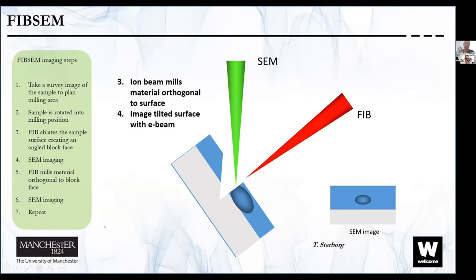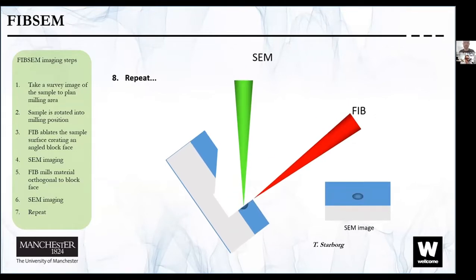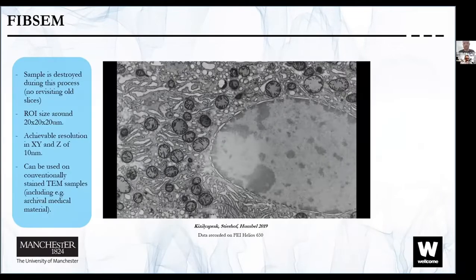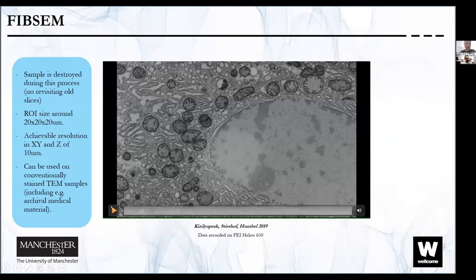And then you can image this block face with your SEM, mill, image, mill, image, mill, image, and what you're left with is a collection of 2D images representing the 3D volume. And then you need to align your slices. Software can help you with this. And uniquely for this technique, the software must correct for the tilt angle, obviously, because you're imaging at an angle, which can be quite unusual to get your head around when you see it, but it makes a lot of sense in the end. So this is a data set which I found recently.